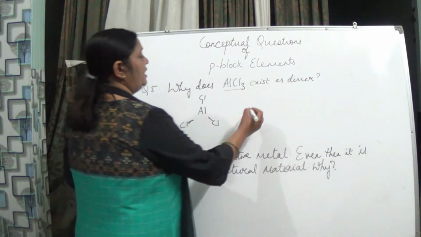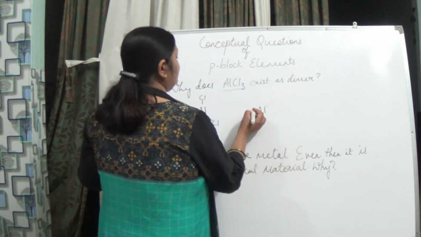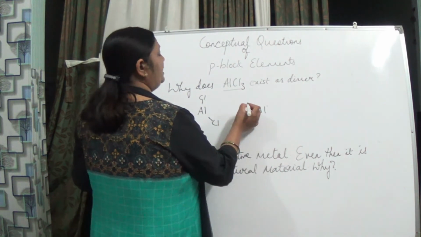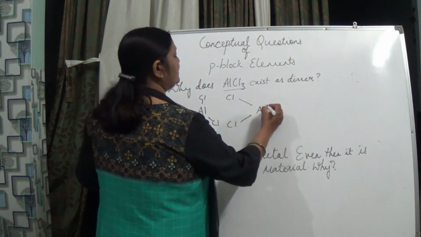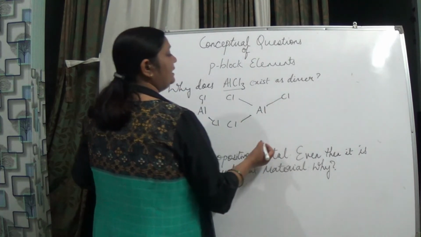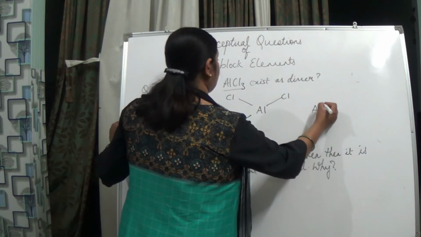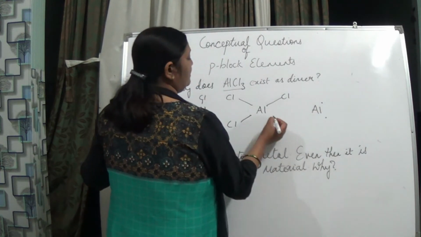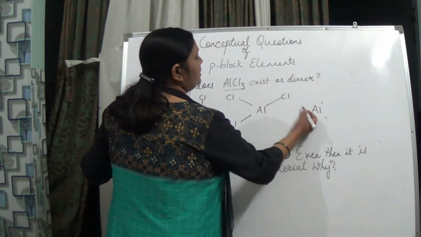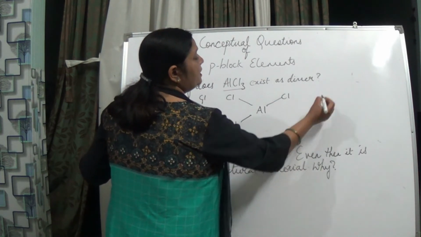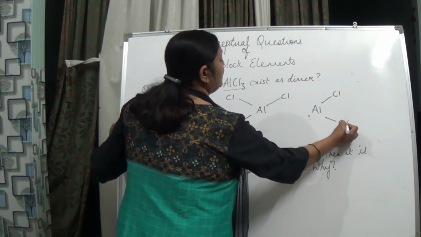Now you see, Al having 3 electrons, Cl, Cl, Cl. Next aluminium, sorry. Next one is here, you can see it forms Cl.